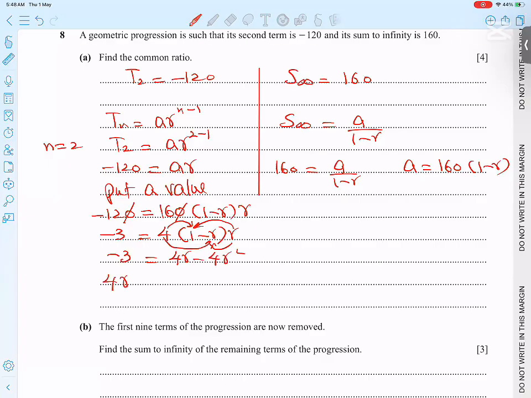So I bring it over: 4R squared minus 4R minus 3 is equal to 0. I think this part is very clear.